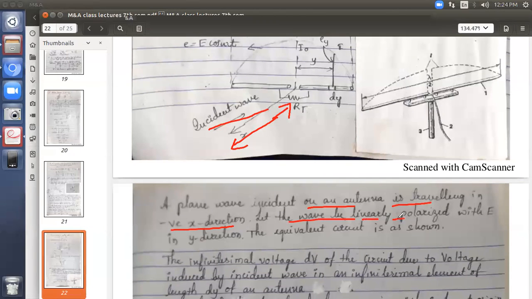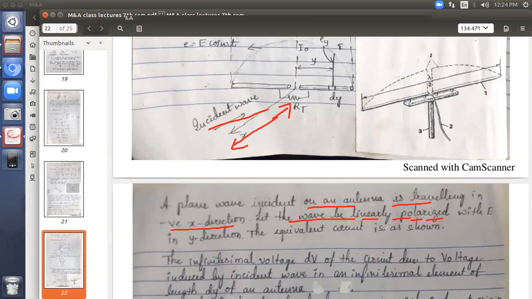Let the wave be linearly polarized. I hope you have seen the image or the GIF which I sent in the Google Classroom for linear polarization. There are three different types. The three figures very clearly show linear, circular and elliptical.